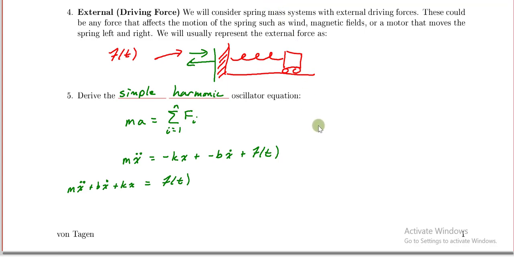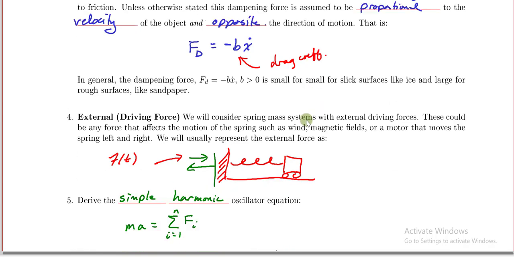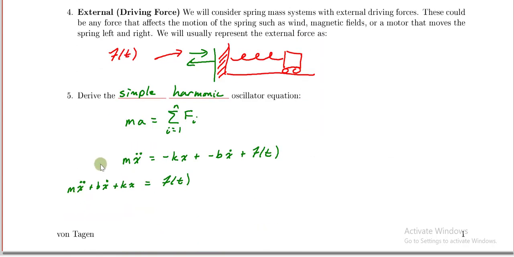As you're building these, folks, try your best to work with the signs appropriately. At the end of the day, when you get to this model here, each one of these coefficients, once it's written in this form, this coefficient needs to be greater than 0, this coefficient needs to be greater than or equal to 0, and this coefficient should be greater than, I put greater than or equal to, but none of these coefficients can be negative when we've got it in this form.